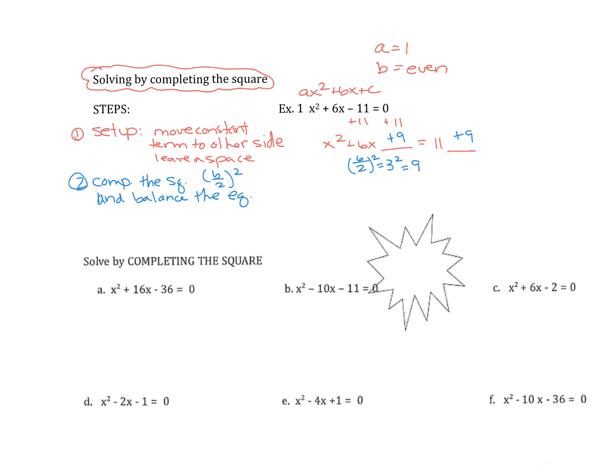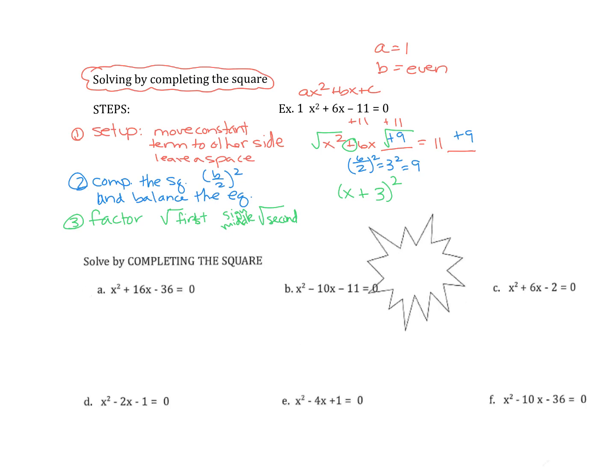So now, if you might remember, the next step is where we factor. And when I factor, it's the square root of the first, the square root of the second, and then the sign comes from the middle term. So in this problem, the square root of the first is x, the square root of 9 is 3, and my sign comes from the middle, that's plus.